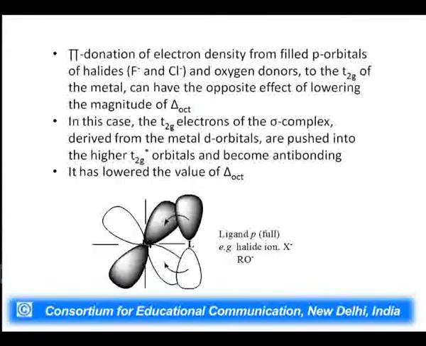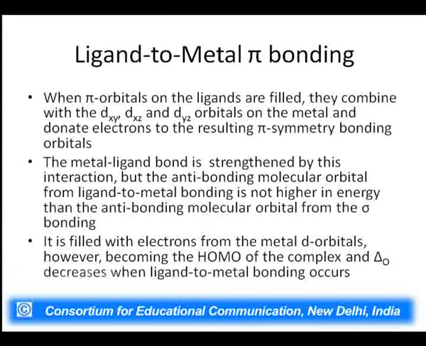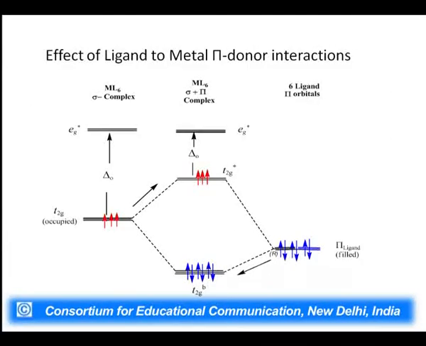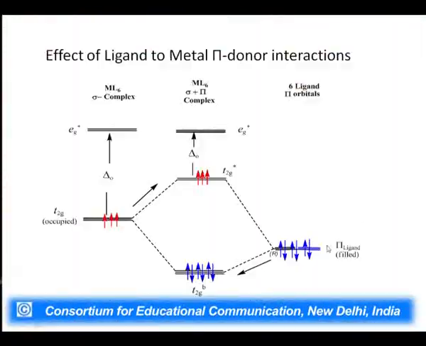That means when ligand to metal pi bonding takes place, the T2g has a pi interaction with the filled pi orbitals of the ligand, like in fluoride. What it has resulted in is an increase of T2g energy with the pi interaction being considered, and when it happens, the delta O value decreases.